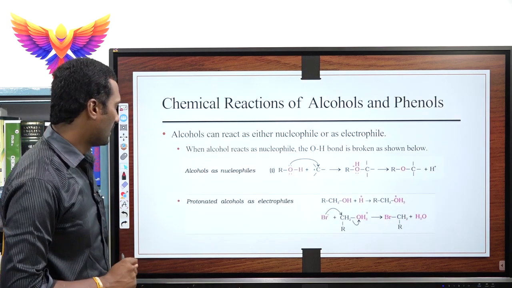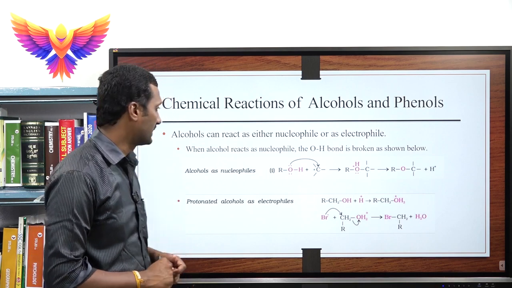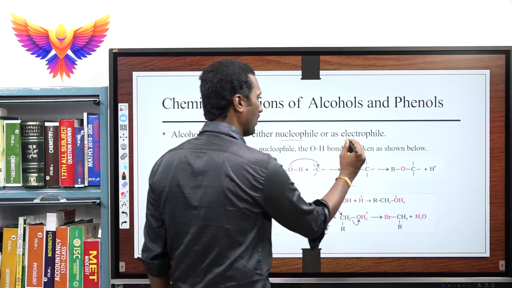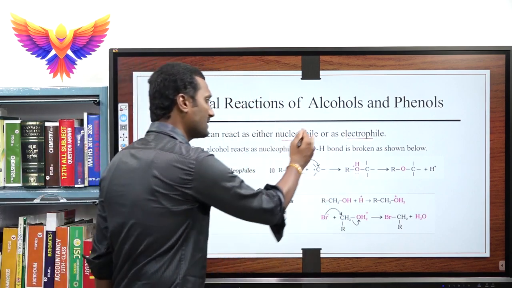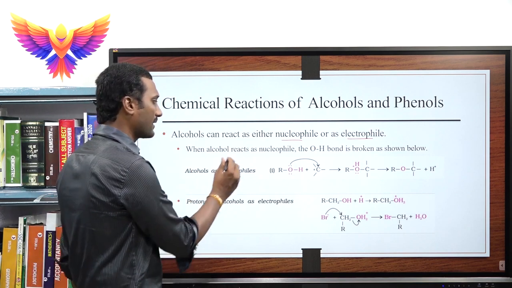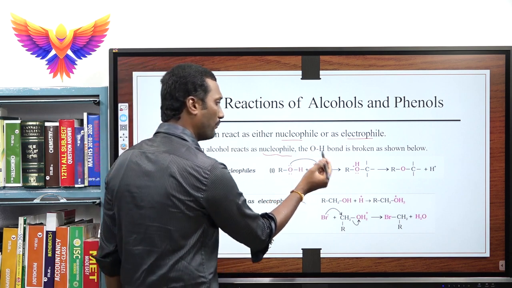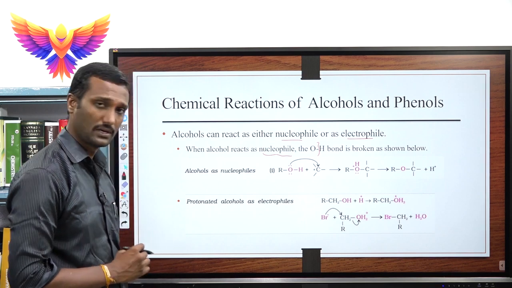Yes students, as I already said in a previous slide, the alcohol acts as versatile in nature, which reacts as either a nucleophile or an electrophile, Lewis base and Lewis acid in nature. So when an alcohol reacts as a nucleophile, the bond between the oxygen and hydrogen is broken.